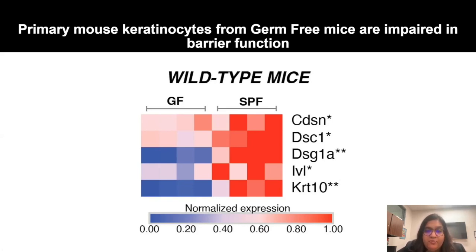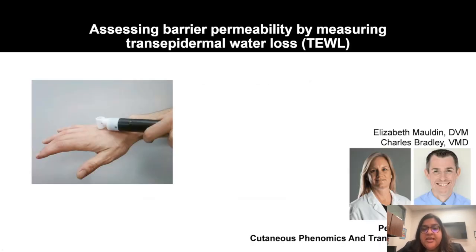We collaborated with veterinary dermatologists so that we could adapt an assay which is used in dermatology clinics, which is that we can measure transepithelial water loss at the skin surface. This basically helps us assess how well the skin is controlling the water loss function, which is a direct assessment of the barrier permeability.